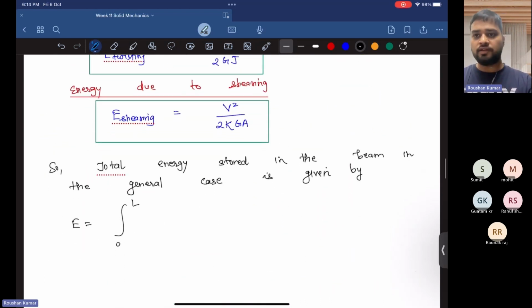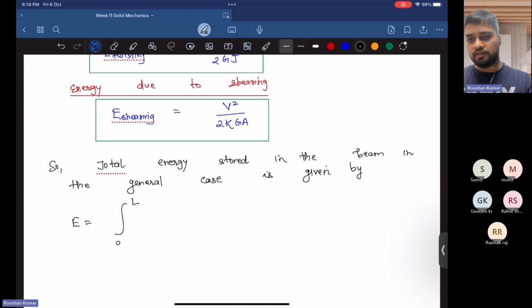So basically we have to integrate the energy of the cross section over the length of the beam, so that we get the entire energy stored in the beam due to all kinds of deformation, that is extension, shearing, twisting and bending.